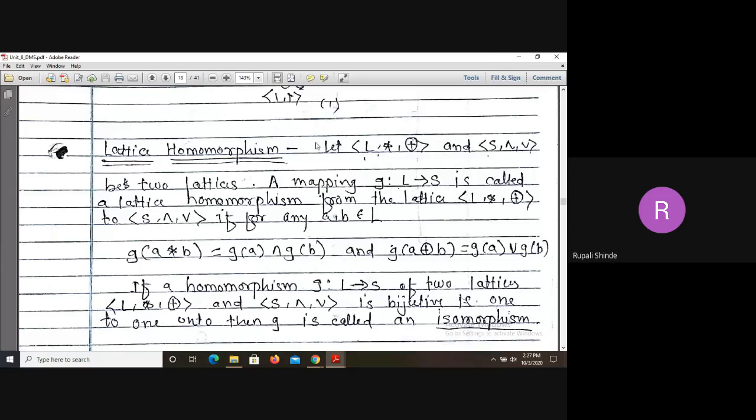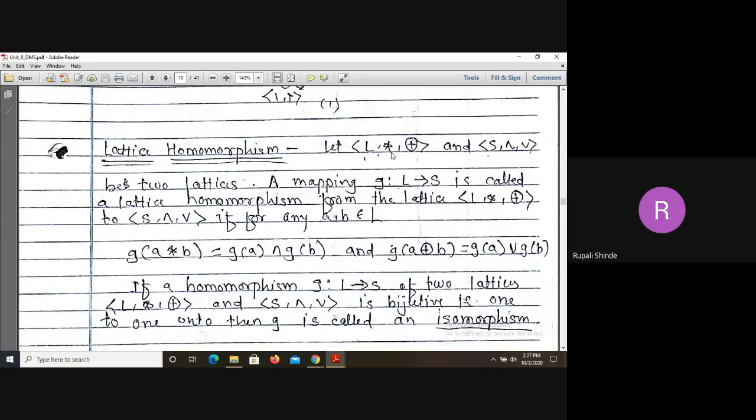Then that function is called a lattice homomorphism if for any two elements A and B belonging to L, g of A star B is equal to g of A and g of B. So how have we written this statement? A and B हे कोणाचे element आहेत? Set L चे element आहेत. Now suppose we want to apply this function g on them.